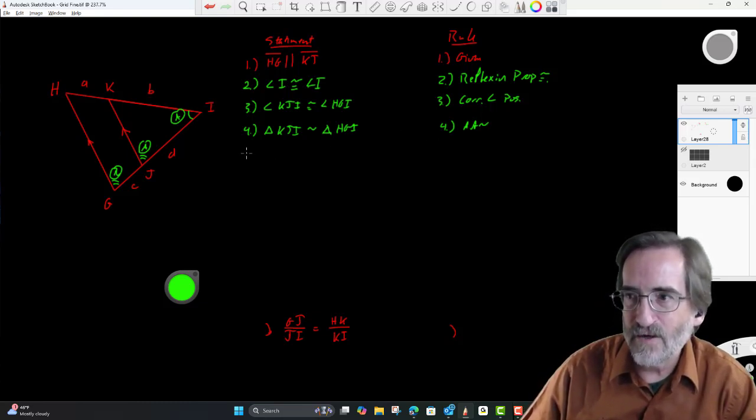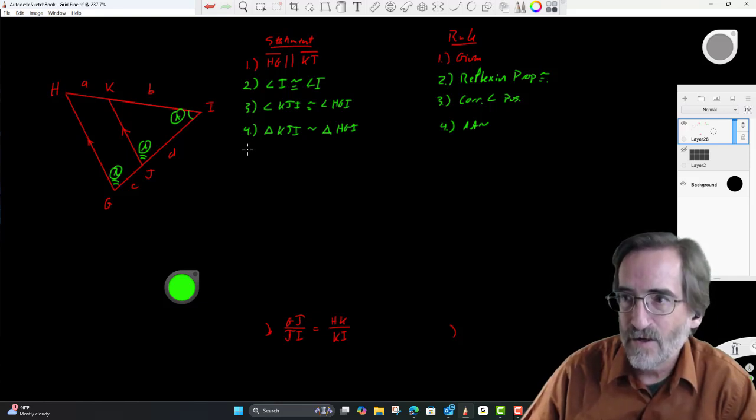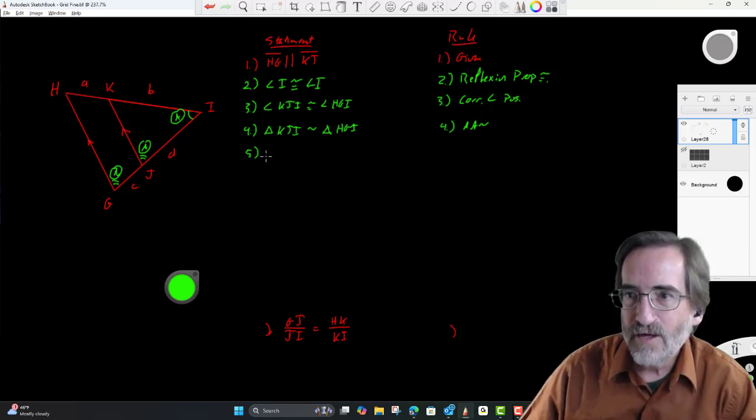Now if triangles are similar, their sides are proportional. So I can now write step 5. Okay, I'm going to go big to small, just to be consistent.